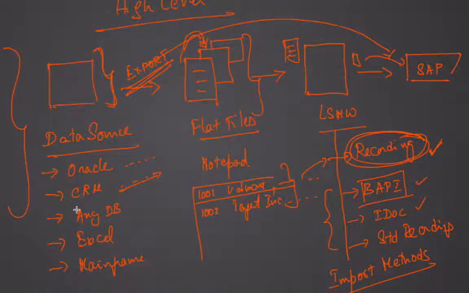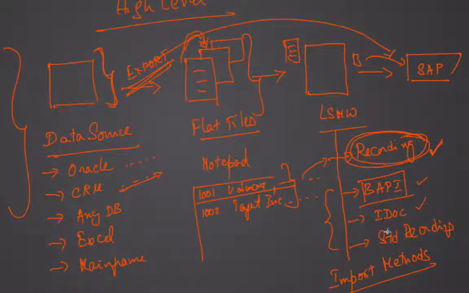And another thing that I want you to take away from here is, initially when I was learning LSMW, I was so focused on these 14 steps and all these different inner workings of LSMW that after some time I kind of started feeling some void.